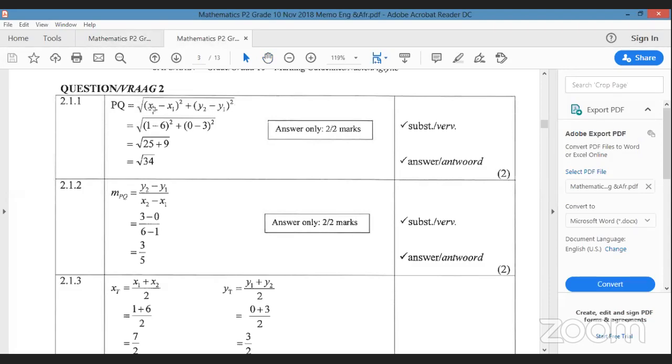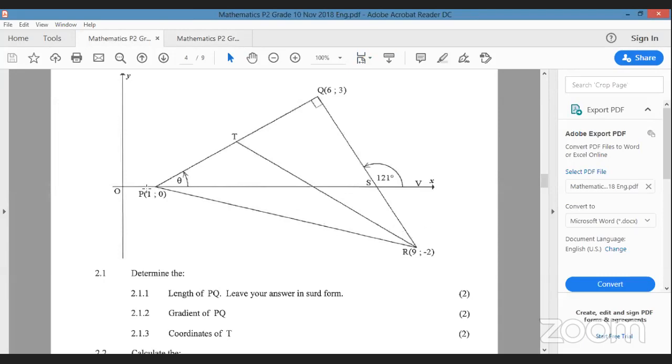PQ is equal to the square root of x2 minus x1 all squared plus y2 minus y1 all squared. Then you substitute the coordinates of P and the coordinates of Q. Remember that where the coordinate starts, it's always x. So this 1 is x for P, and 6 is x for Q.